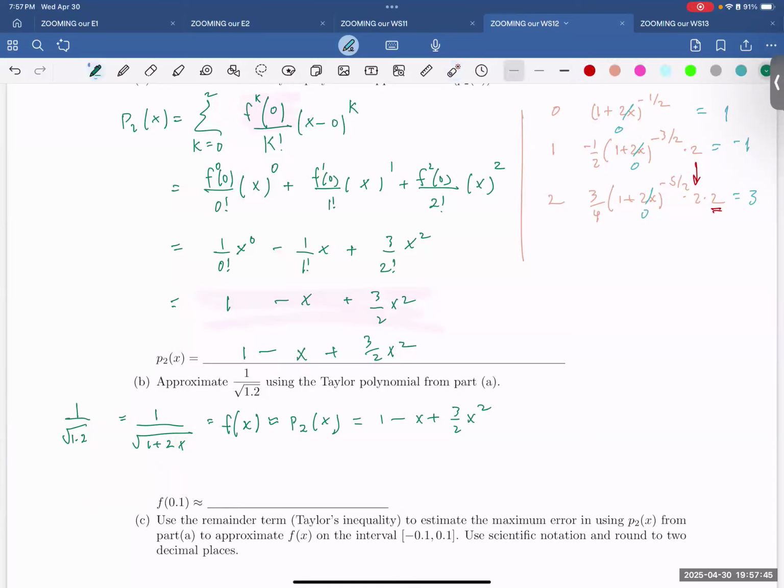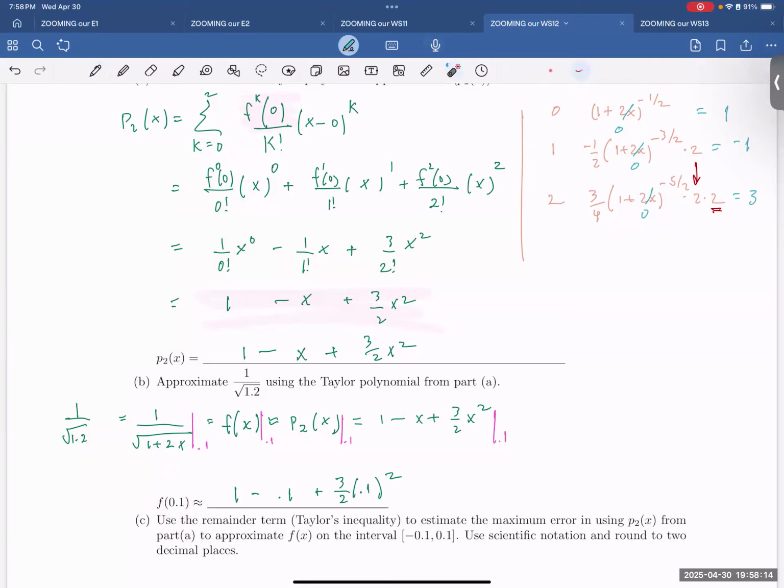That tells us we're going to evaluate at 0.1, and our function evaluated at 0.1 is about the same. Oh, and it tells you here what to plug in. Okay, that's your polynomial with a 0.1 into the polynomial.